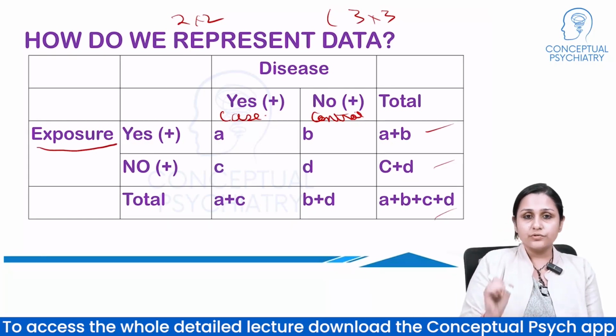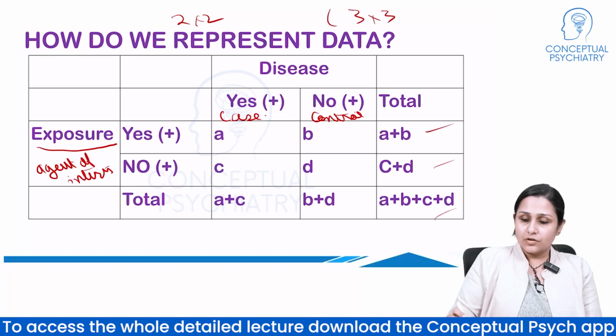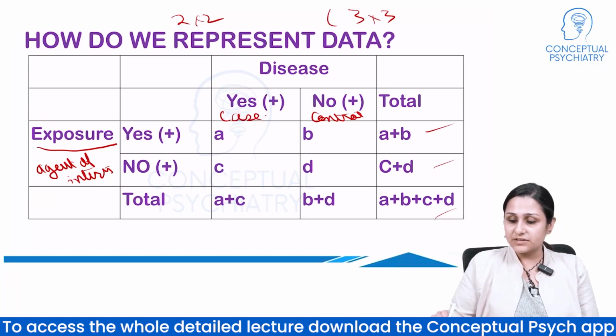So exposure, if it's exposed to that particular agent of interest. So those with the disease, A plus C, those without the disease, B plus D. Are they exposed? A plus B. Are they not exposed? C plus D. So this is how you represent the data.